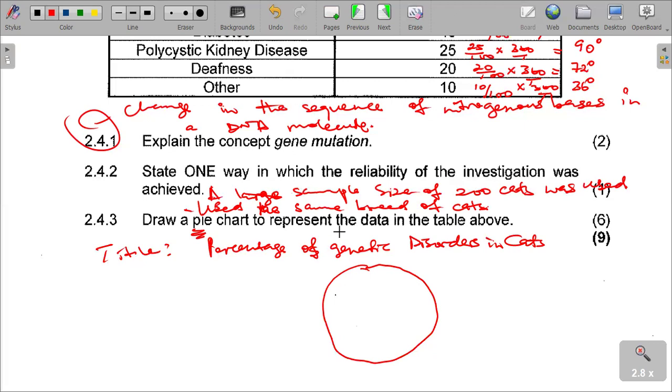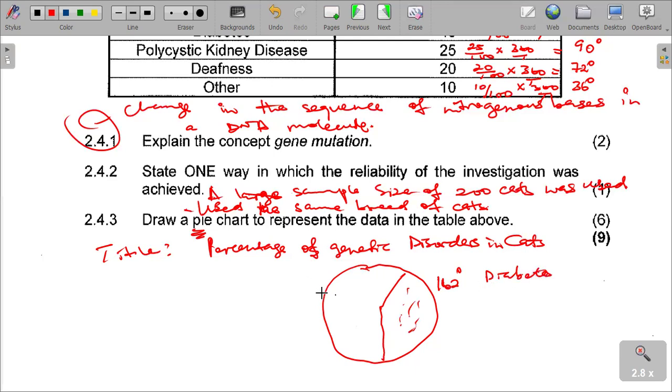Diabetes is almost half of the circle, which can be drawn like this. That is 162 degrees for diabetes.